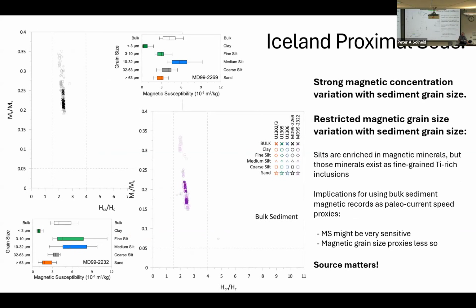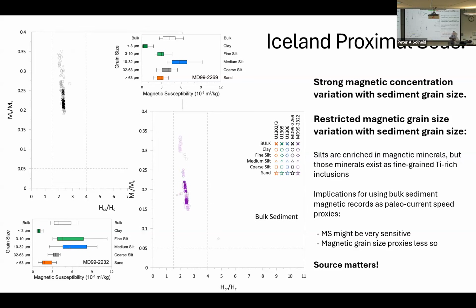So then you go to different places and you get different signals, and different processes are important, I should say, in different locations. If we go proximal to Iceland, I mentioned earlier, you see the clay size fraction being a little bit different, but once you get to the fine silts, medium silts, coarse silts, sands, the magnetic grain size, or at least the MRMS values, don't really change that much between different grain size fractions.